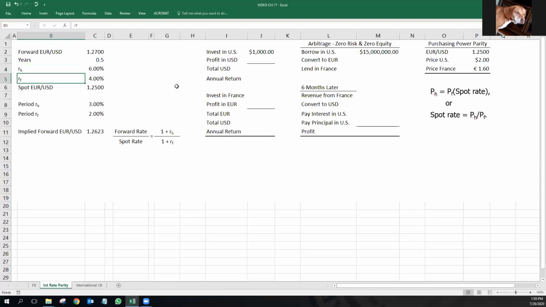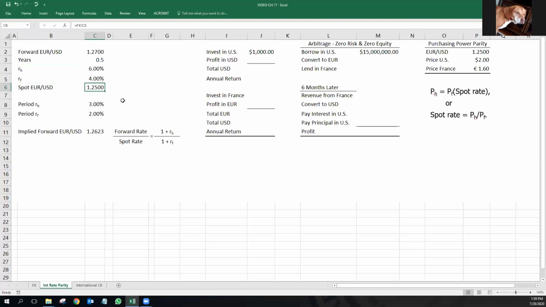In France, their rate is 4%. Then we look at today's exchange rate between euros and dollars, which is 1.25.